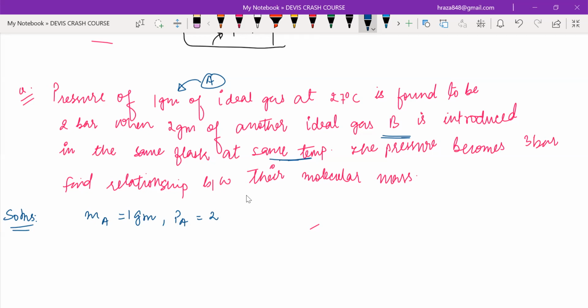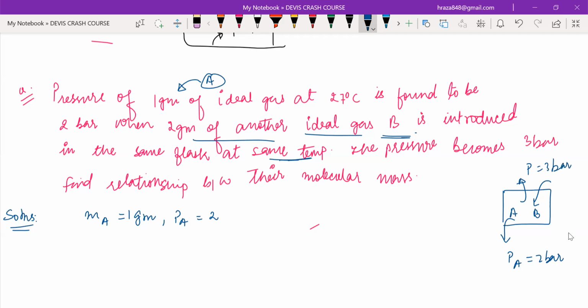Now, when 2 gram of another ideal gas B is introduced in the same flask, when A was there, the pressure of this container was 2 bar. When B is introduced in this, the pressure of this container becomes 3 bar.